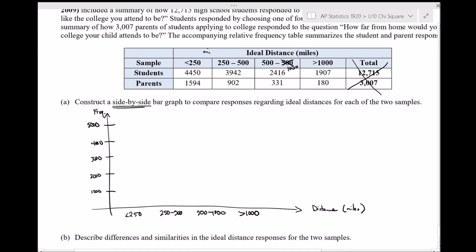And we can keep it at that. Maybe halfway we have the 500 marks. So 500, 1,500, 2,500, 3,500, 4,500.